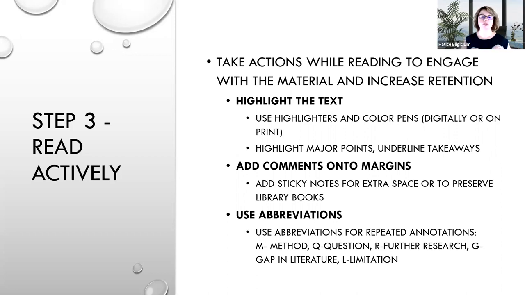The third action is using abbreviations for repeated annotations. For example, M for method, Q for question, R for further research, G for gap in literature, and L for limitations.